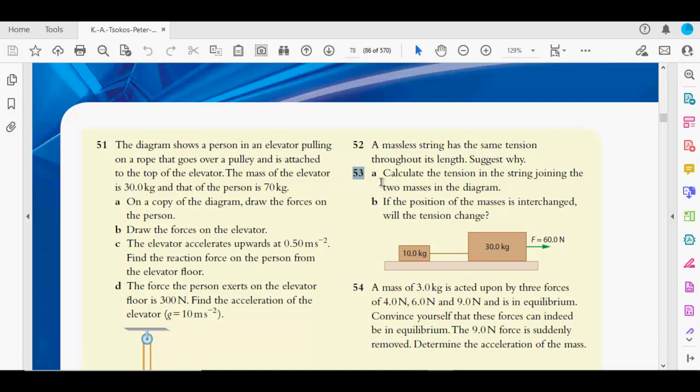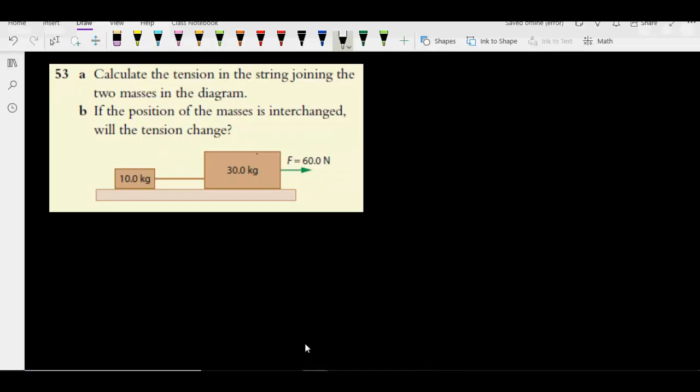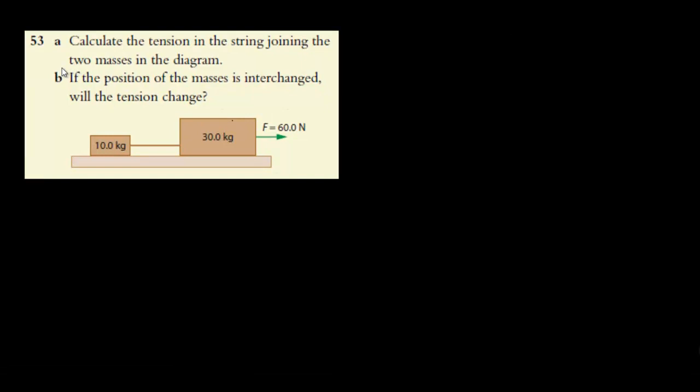So first we consider situation A. I have pasted this question in this window, and in the first part he is asking to calculate the tension in the string. Here we have two masses, and this applied force is 60 Newton.